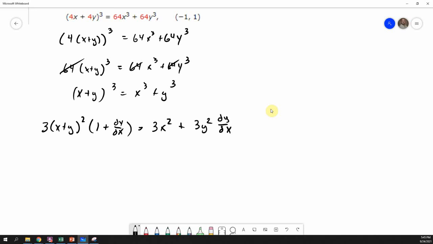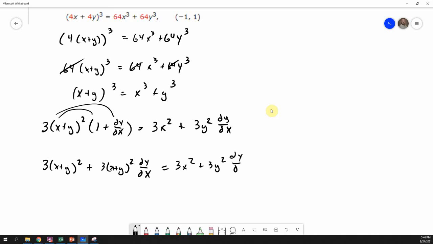Remember to tack on the dy dx because that's a function of x. So we need to distribute here. So we're going to get 3 times x plus y squared times 1 plus 3 times x plus y squared dy dx. Right? I just distribute the whole thing through. Equals 3x squared plus 3y squared dy dx.